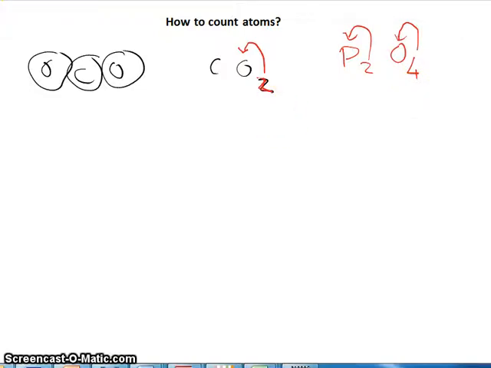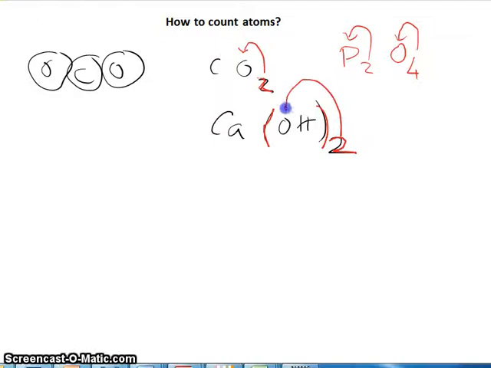Now, if there is a parenthesis, for example, Ca(OH)2. In this case, because there is a parenthesis, this number 2 here means that whatever is in the parenthesis in front of it is the number of the atoms that follow.